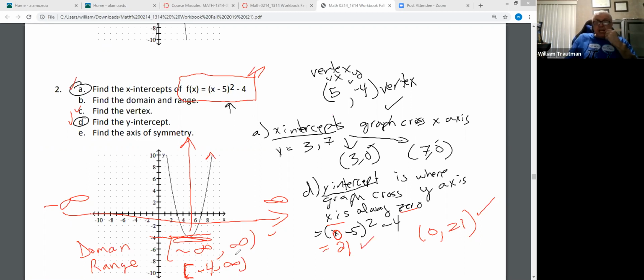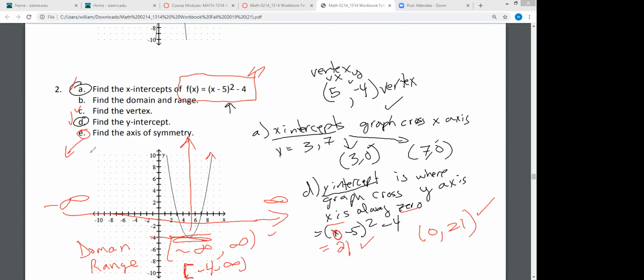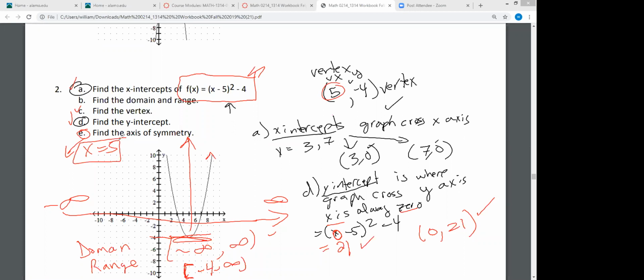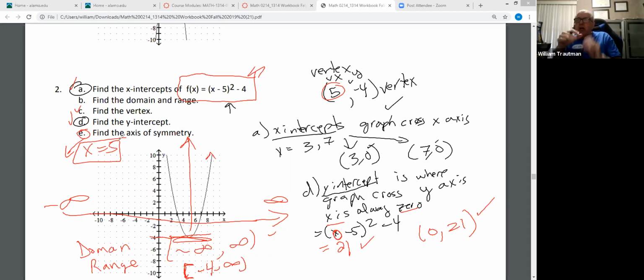And finally, the axis of symmetry. Can somebody tell me the answer to the axis of symmetry? 5? Yes. -4? No, it's always the x value. 5. X equals 5. You have to say x equals. In the homework, they'll have the x equals already typed out, and you just have to type the 5 in there.